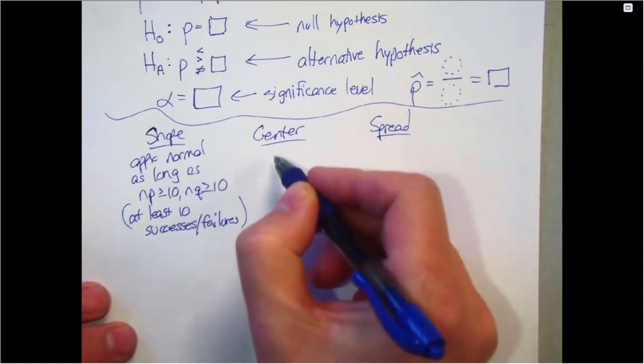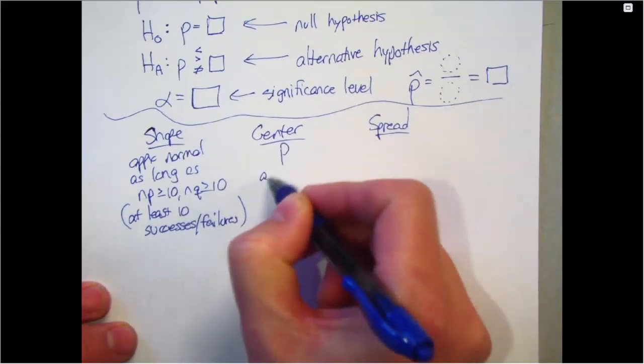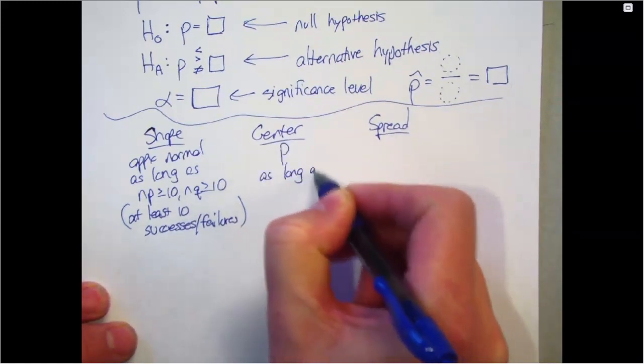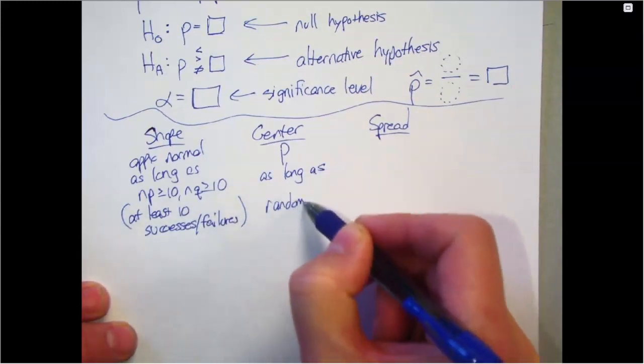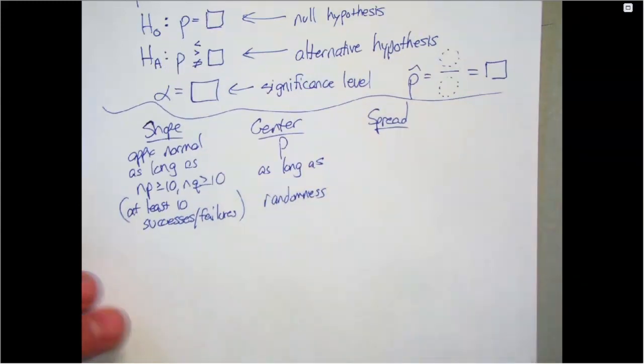Center. So your center is P, as long as what? Randomness. Yeah, so it should be stated, or if it's not, we assume it's random so you can continue with the problem. But if it's a multiple choice and it's not stated, then they're definitely doing that so you notice it's not stated.